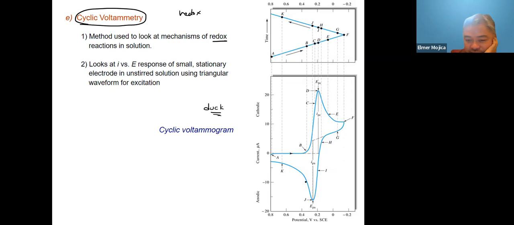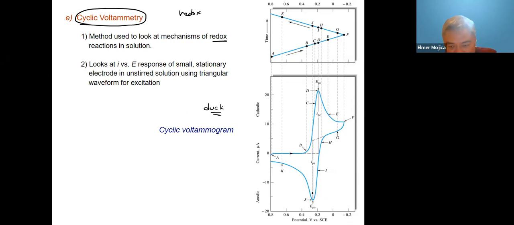So what does this tell us? This tells us that if you ramp your potential, okay? So let's say from highest to lowest here. Because iba yung conventional yung European tsaka yung American. So yung iba dito yung negative to positive, yung iba dito yung positive pupunta doon sa negative. But what it does, okay?